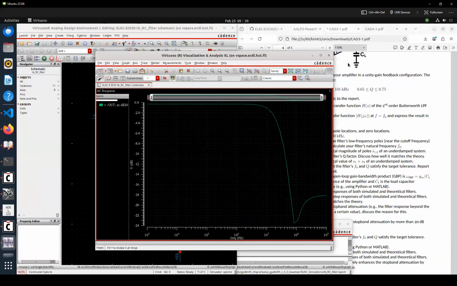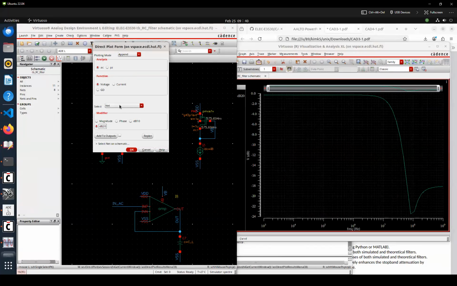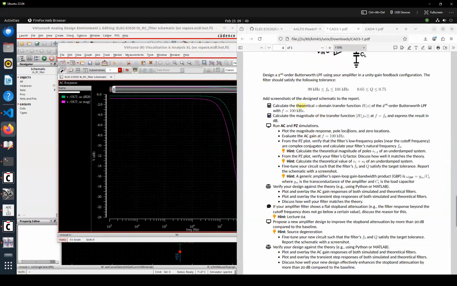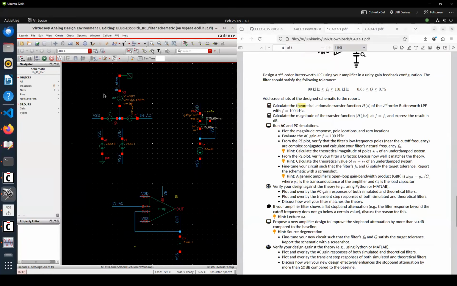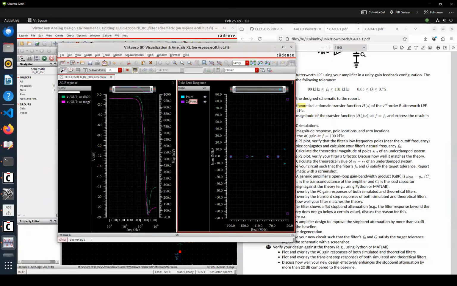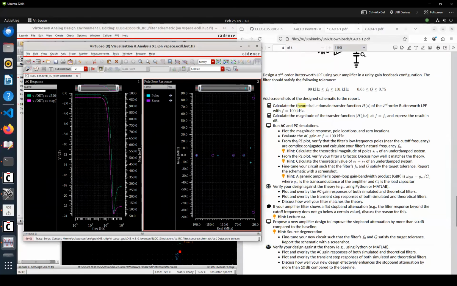It looks like this, and the magnitude looks like this. Then for pole and zero locations, you can just plot PZ, poles and zeros, click the plot, and you get poles and zeros here.